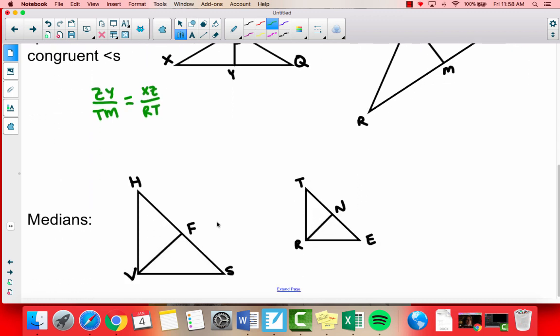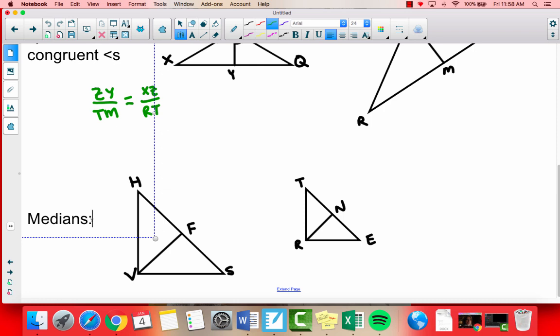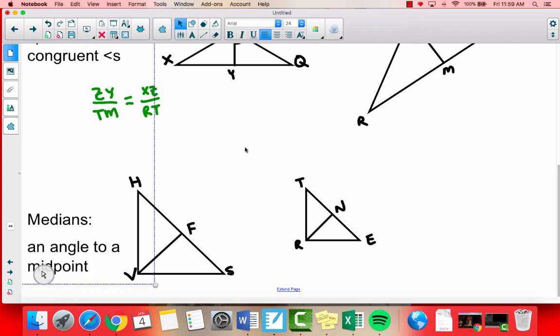And then the last one is the median. Now, medians are a little different. We really haven't talked about those much. A median is a segment that is created from an angle to a midpoint. All right, and remember, midpoints split segments in half. So when I'm dealing with a median, instead of angles being split in half, my side is going to get split in half.